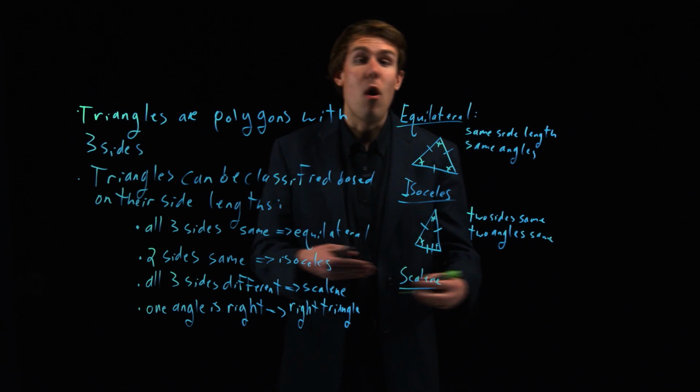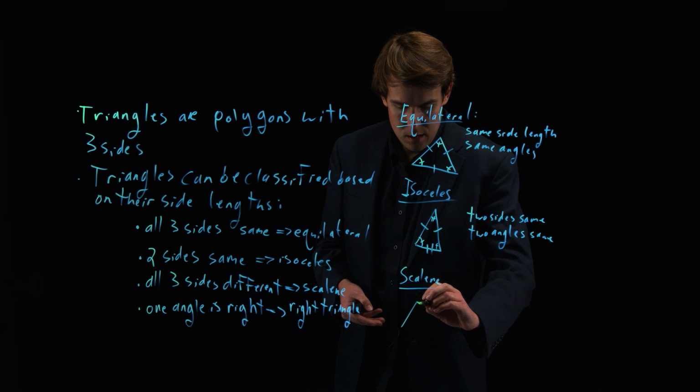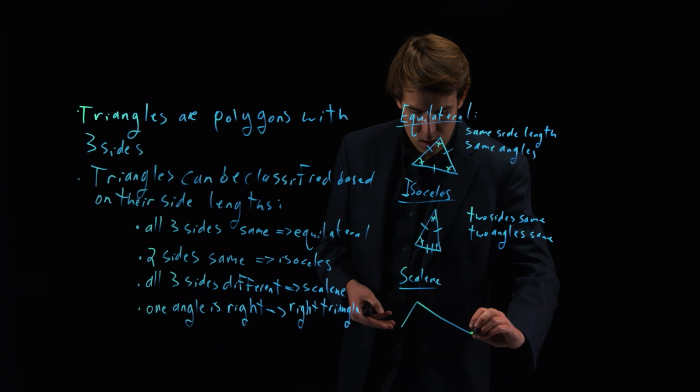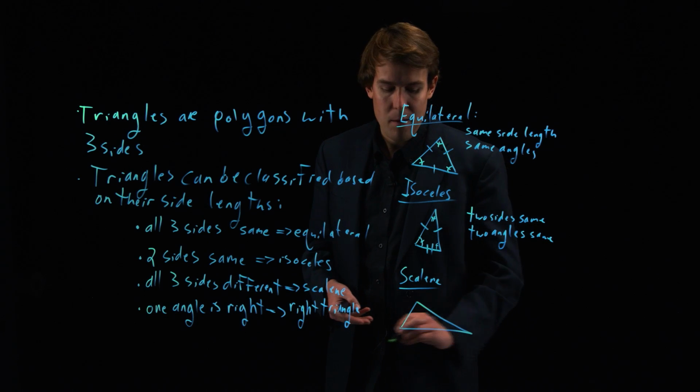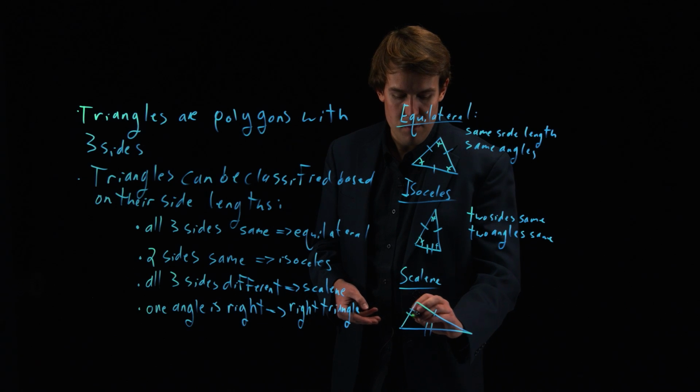And then scalene are the worst. These are ones that have all the sides different. So maybe something like that, where this is different from this is different from this. And all the angles are also different.